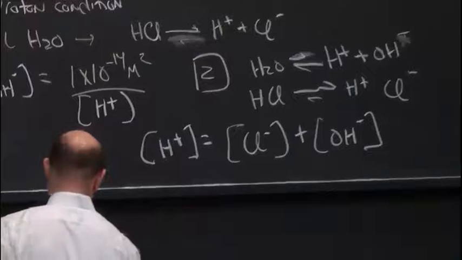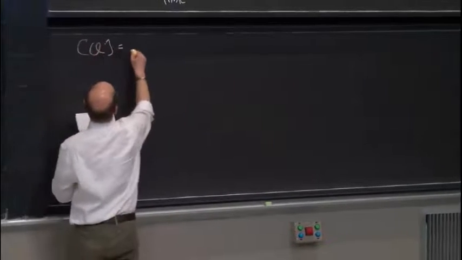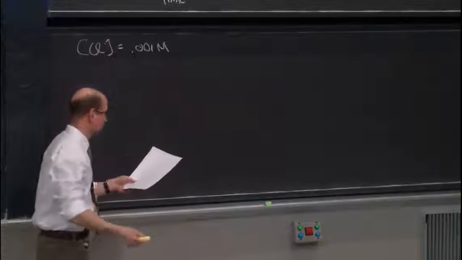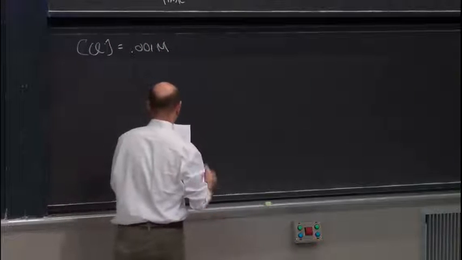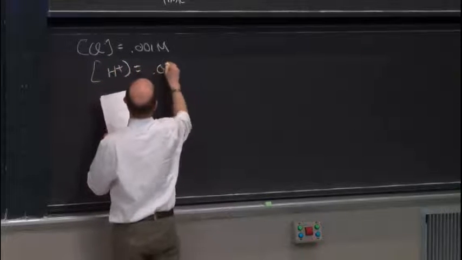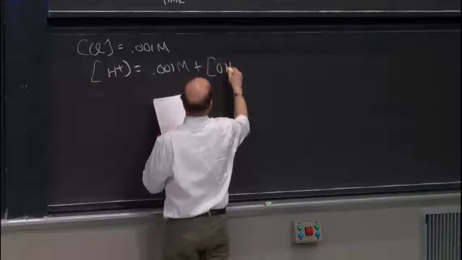I can simplify this in two ways. I can say here that the chloride concentration must equal about 0.001 molar, because after all, the hydrochloric acid is completely dissolved, right? And therefore, I can write that the proton concentration must equal 0.001 molar plus the concentration of OH minus.